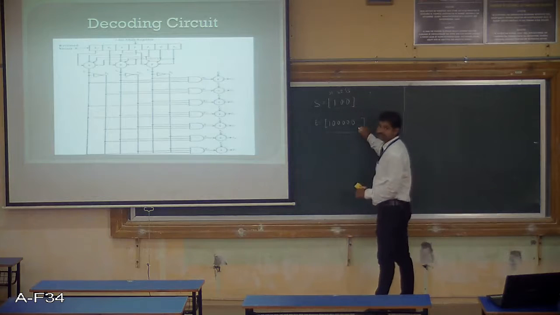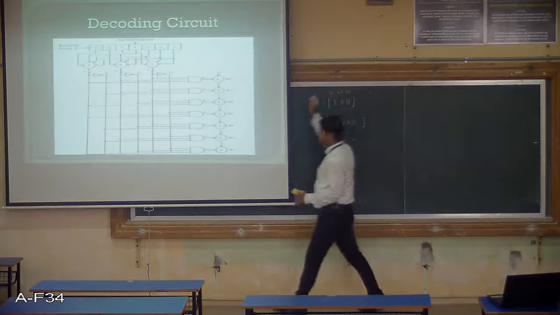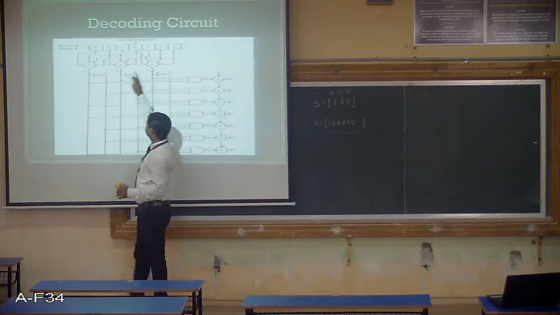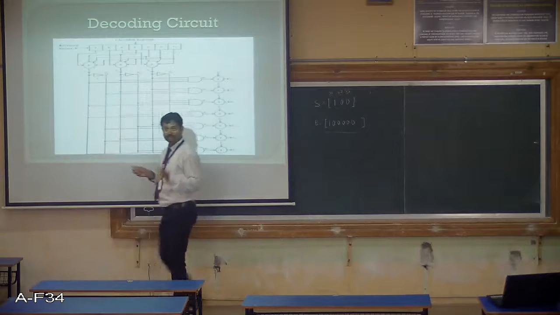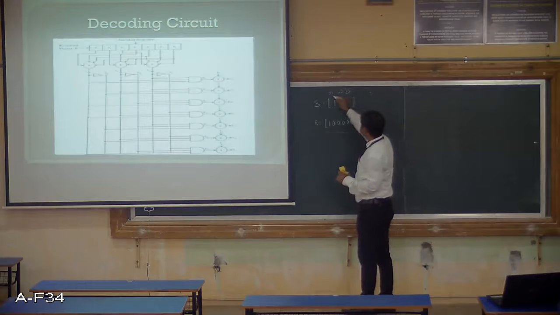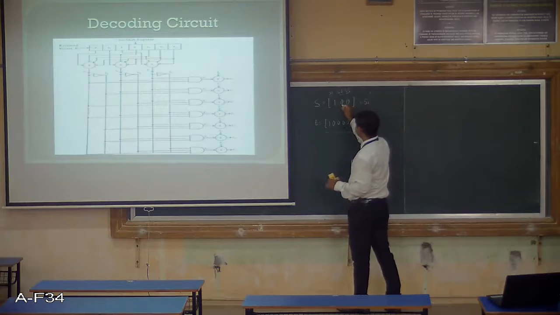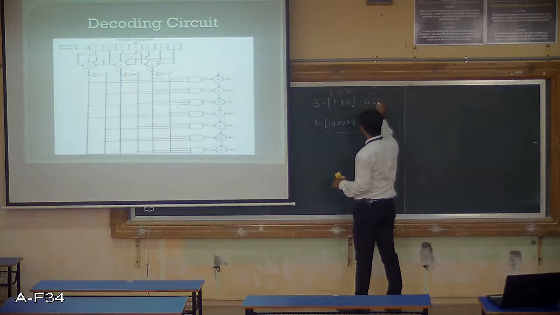So what I will do, anyhow this S1, S2, S3 are available here. This S1 is as it is. I am just writing it in equation form instead of binary. This 0 indicates S2 bar.